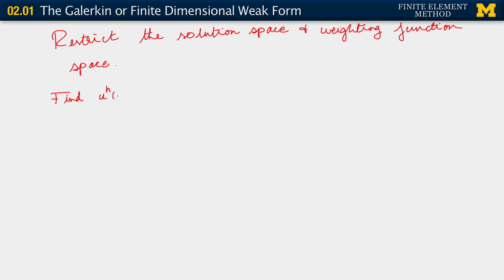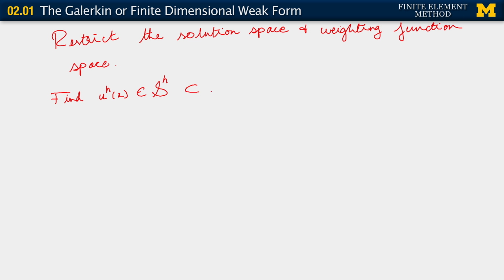So we want to find u h, function of x, which now belongs to a function space, but this function space is a finite dimensional function space, okay? It's also an approximation, and that too is denoted by h. I'll tell you in a little bit why h, okay, why we use h. All right, so we want to find u h belonging to S h. However, we want to allow S h to lie only within the larger space of solutions, which also contains the exact solution, okay? So we want S h to be a subset of S, okay?